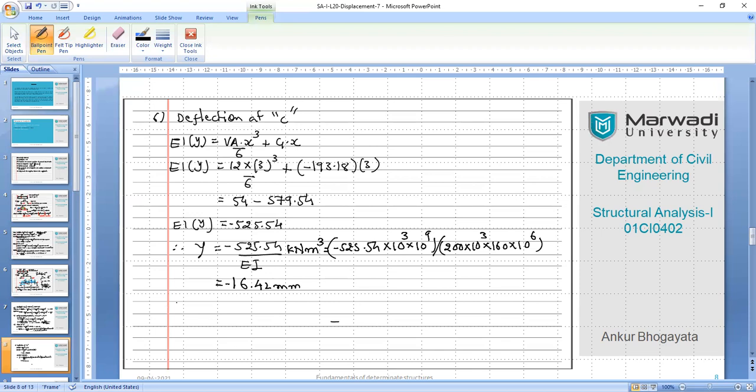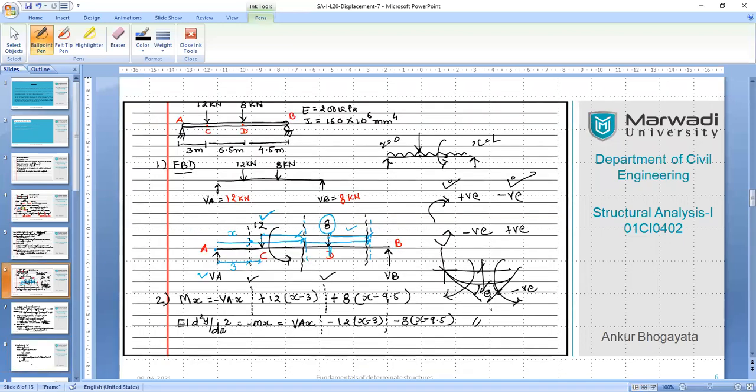So this is what we have achieved. Now you should also write YC, because C is the corresponding point. You can accordingly select your locations on any point of the beam, C, D likewise, right? So I think we have put sufficient effort in this numerical in calculation of the desired quantity.